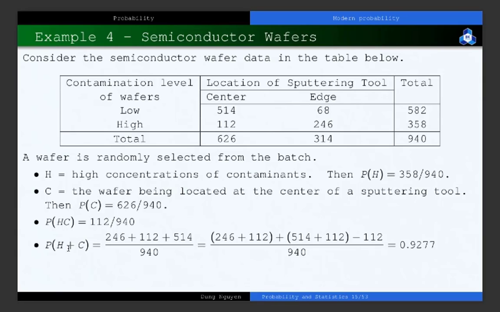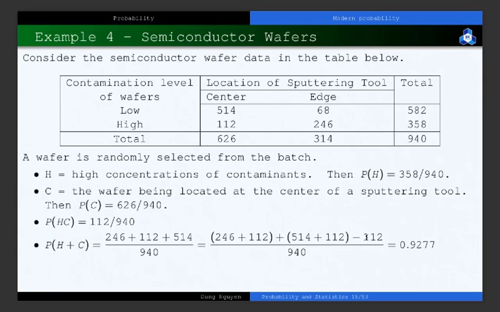How about the probability of the union H plus C? That would be the sum of all these numbers, 514, 112, and 246, all divided by 940. Well, now you can rewrite the numerator in the following way.